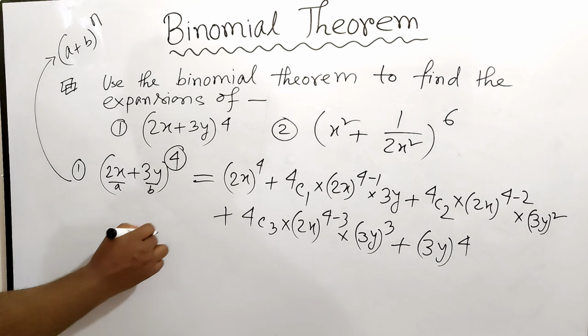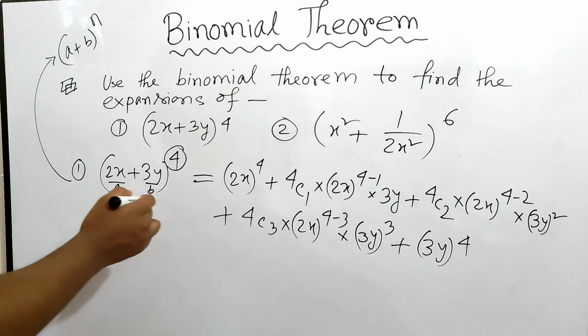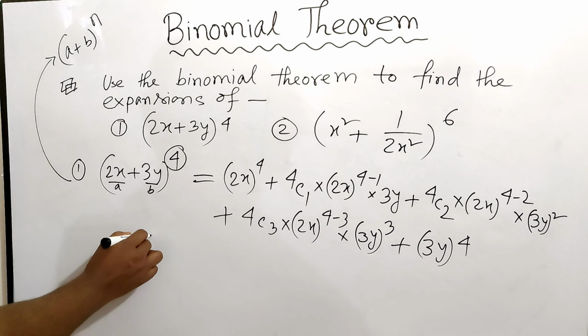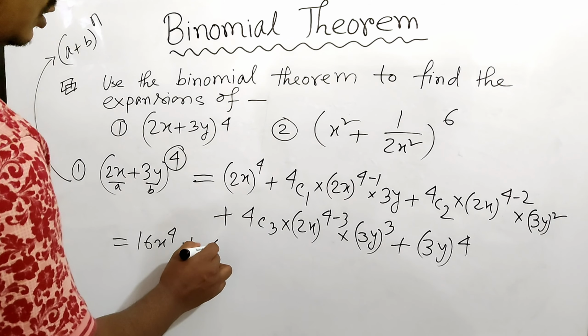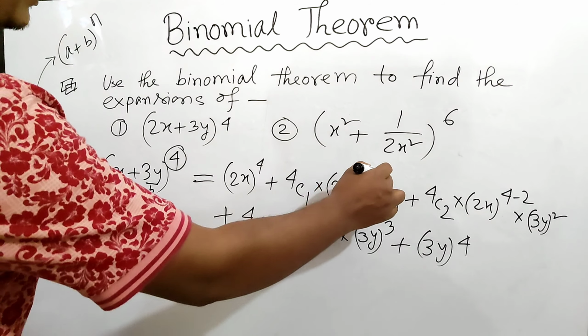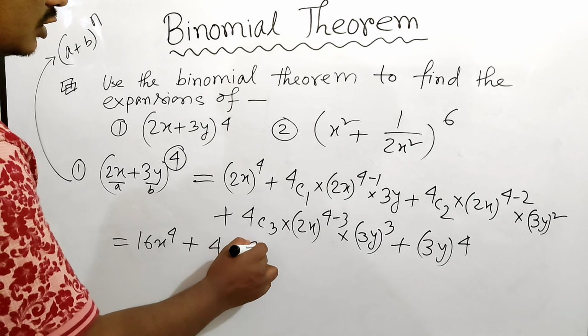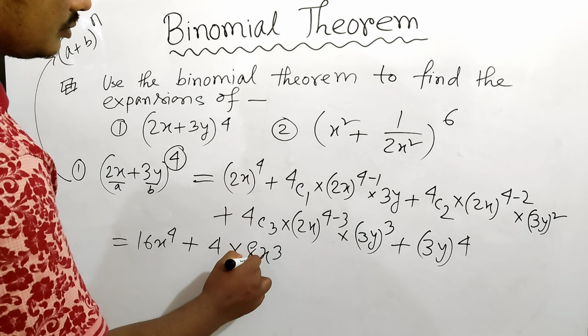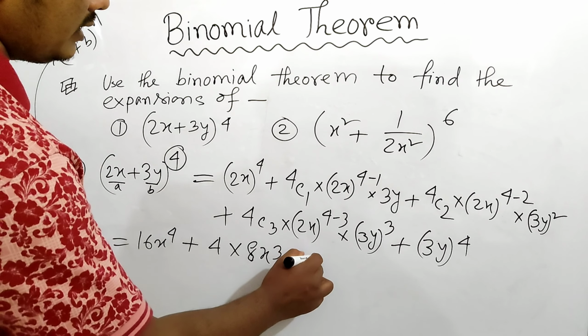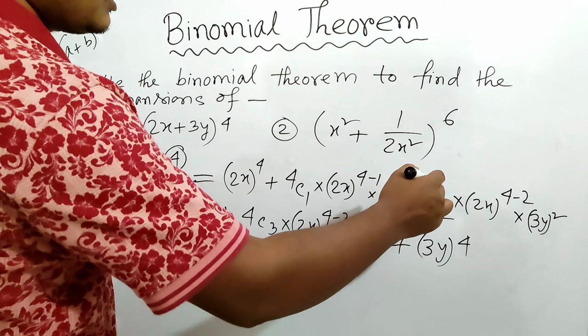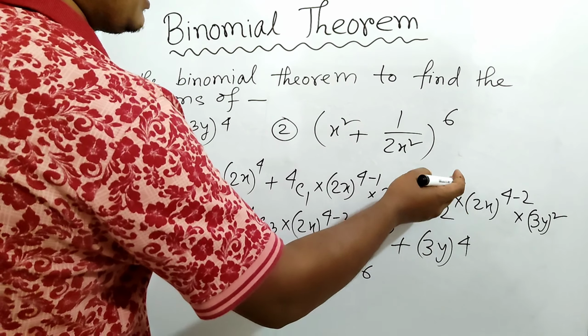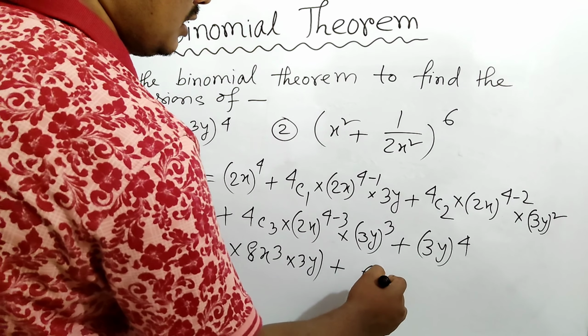Okay, now if we work this out by using your calculator, 2 power 4 is 16x to the power 4, and here 4C1 means 4, multiplied by 2 power 4 minus 1, that is 3, that is 8x cube, multiplied by 3y, plus 4C2, that is 6. By using the calculator you can find it quite easily.